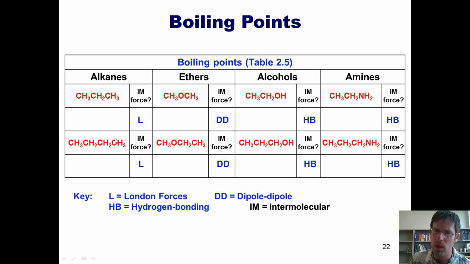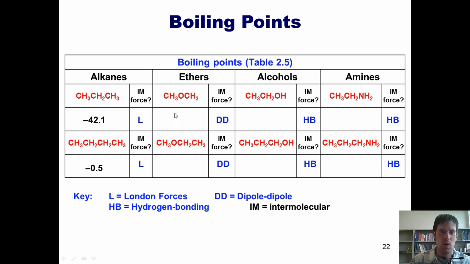What's that going to do to the boiling point? Let's see. Boiling point of propane, negative 42.1 degrees Celsius. Of butane, negative 0.5. So you can see that if all other things are equal, the larger the molecule, the more intermolecular forces it's going to have, and thus the higher the boiling point will be.